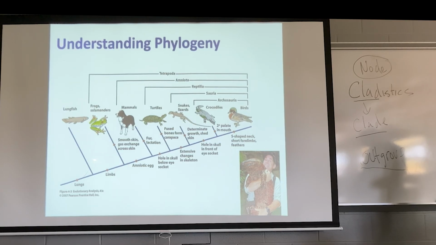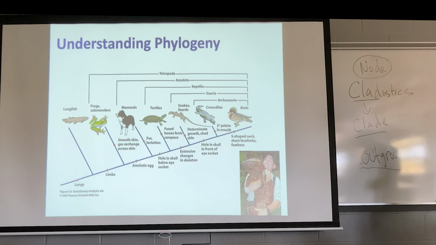And then we need to now separate the first group out of our tetrapods, which are our amphibians, frogs, salamanders. So we're going to use gas exchange through slimy skin, notice, to separate the frogs from the rest of our tetrapods.